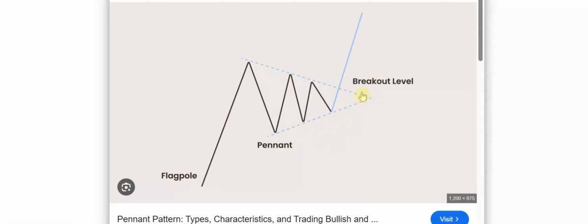So a breakout is when you start looking for your entries. It's very simple. A breakout is when you start looking for your entries. After you must have drawn your counter trend line, and before you are able to get it, you have to have patience and wait for some time to see what is going on first.